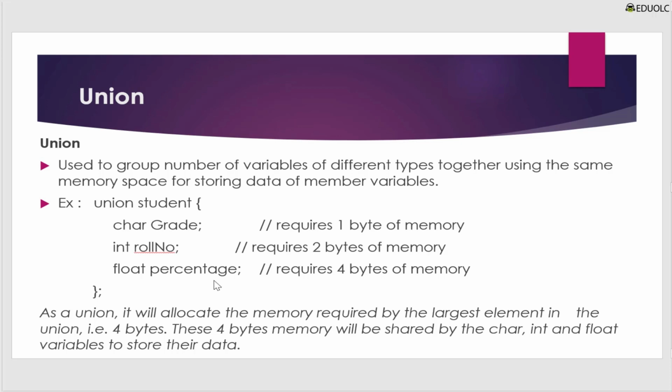That is because it allocates the memory required by the largest element only. These bytes are then shared by the other variables also, that is here char and int, to store their data. So this is the major difference between a structure type and a union data type.